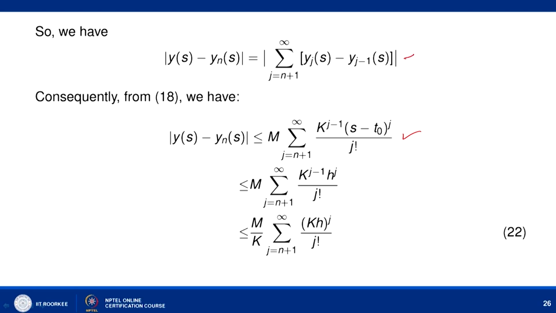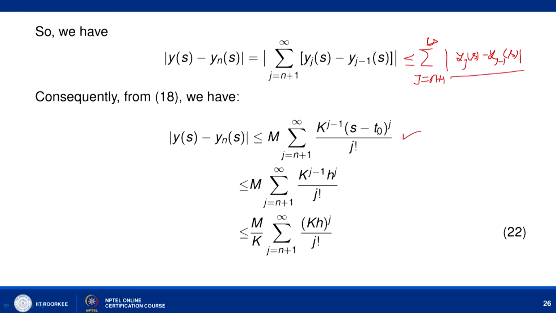So, this is further less than or equal to the sum over j from n plus 1 to infinity of modulus of yj s minus yj minus 1 s, and we already know the bound of this. The bound of this is K^(j-1) (s minus t naught)^j divided by factorial j.